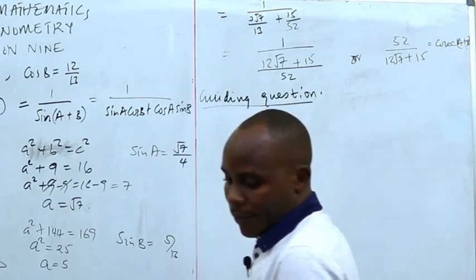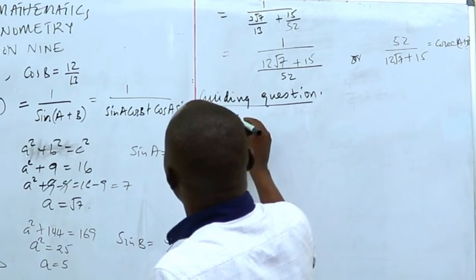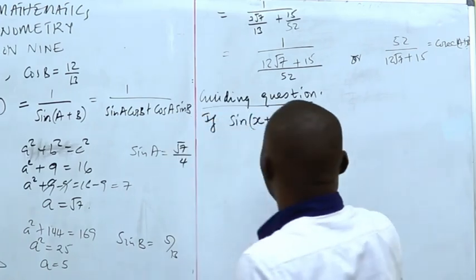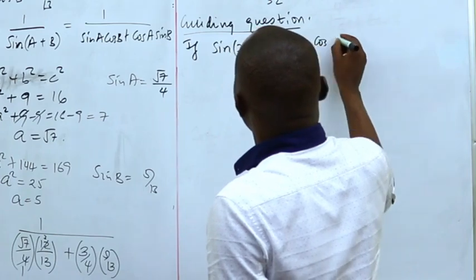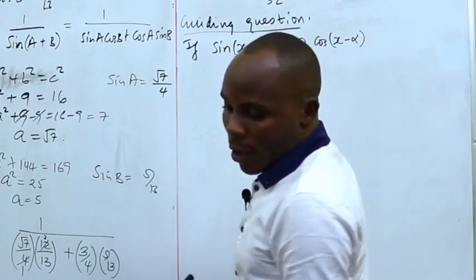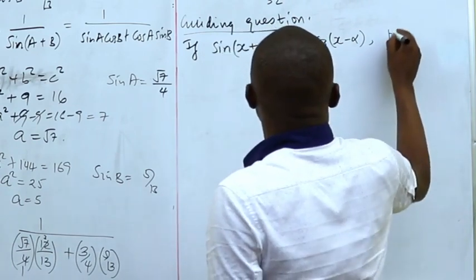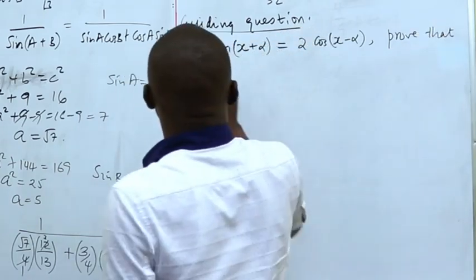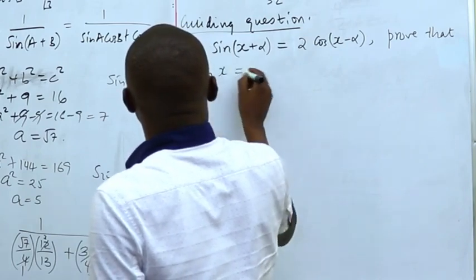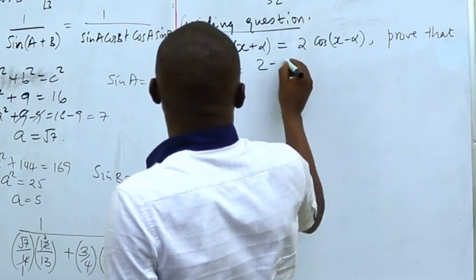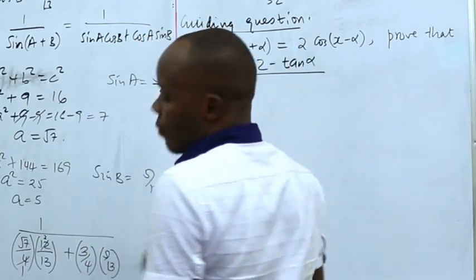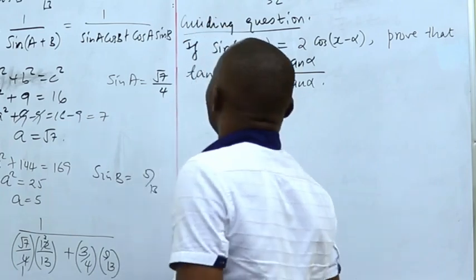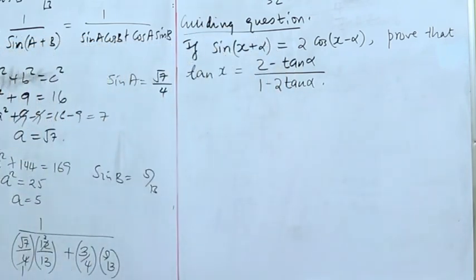We can have: if sine of x plus alpha is equal to 2 cos of x minus alpha, I want you to prove that tan x is equal to 2 minus tan alpha over 1 minus 2 tan alpha.